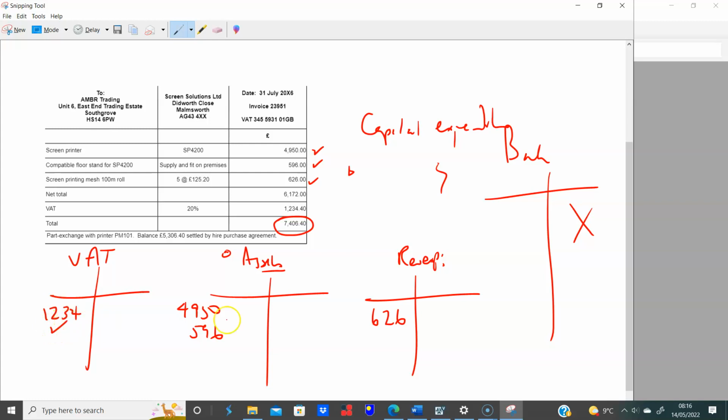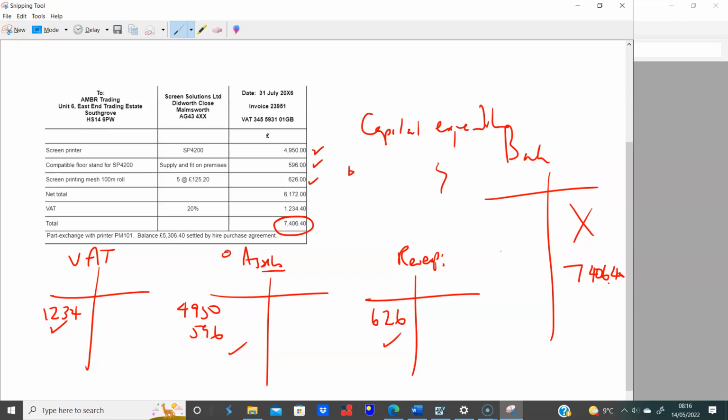So these are all the debits, and the complete credit is the total of 7406.40, if you were paying this out of the bank. But the point here is about these being capital assets.